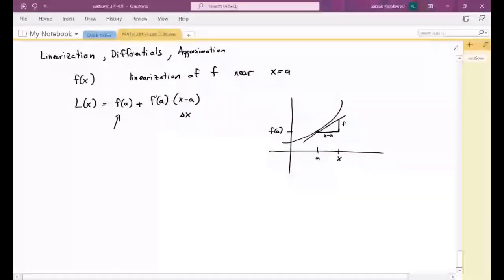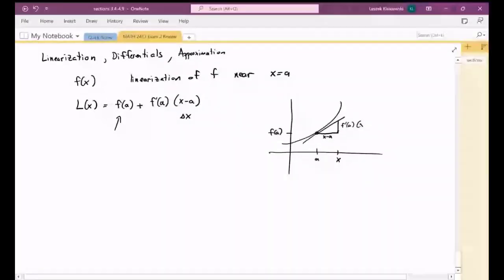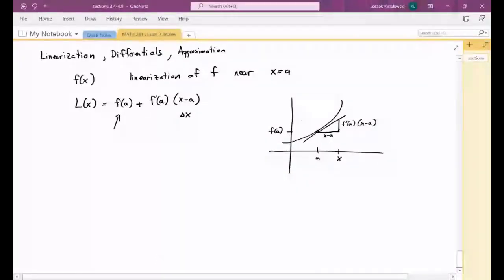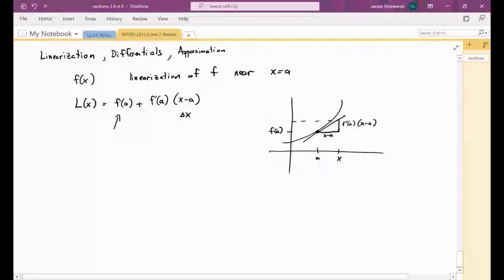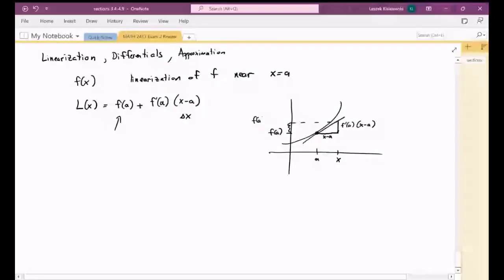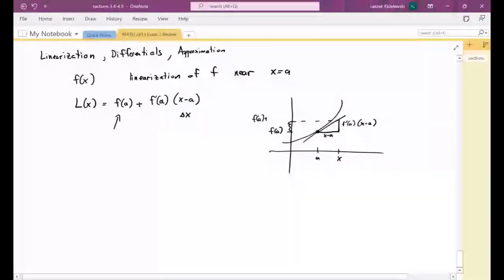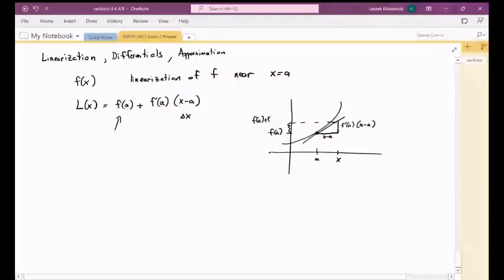So this would be f prime at a, the slope times the change in x to give you the corresponding change in y. And then we use that to estimate this distance, I guess. So this would be what the function used to be plus the estimated change. Let's call it delta x.